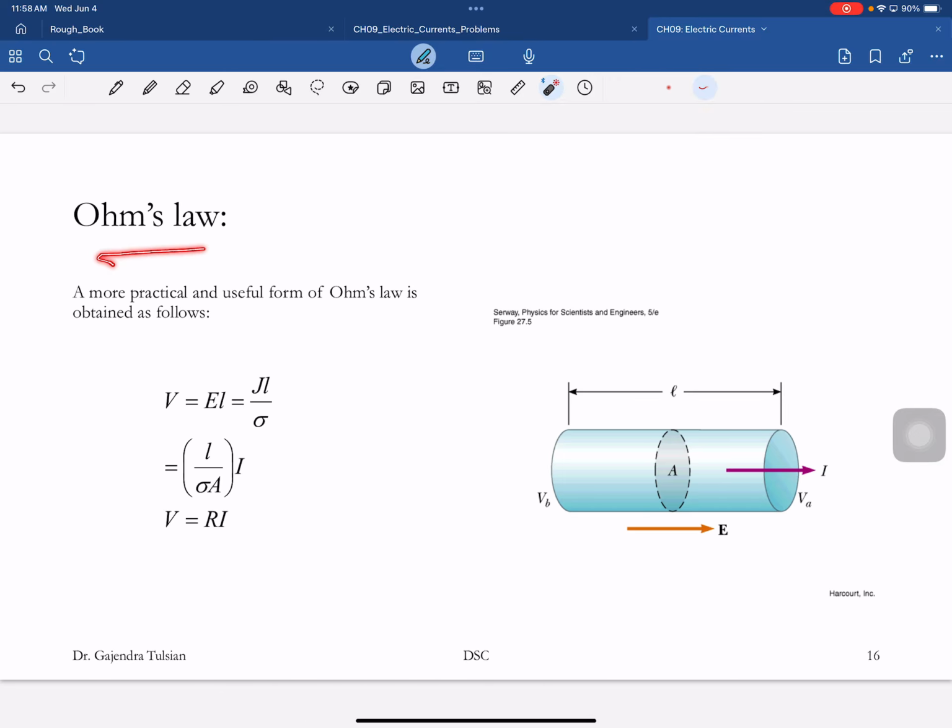All right, so now we're going to reformulate Ohm's law into a form where the quantities are easily measured. Okay, so the voltage across a wire is the electric field times the length of the wire. Now voltage differences can be easily measured. And so E was J over sigma, and so E times L is J L over sigma.